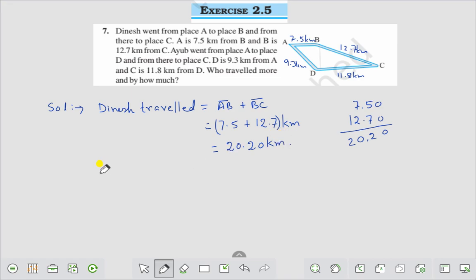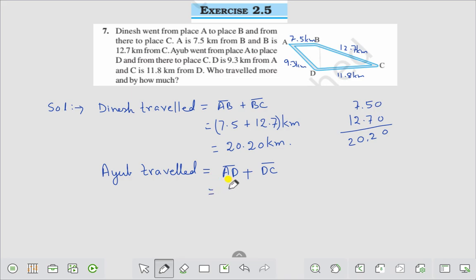Right. Now, Ayub traveled A to D plus D to C. What is the distance of AD?